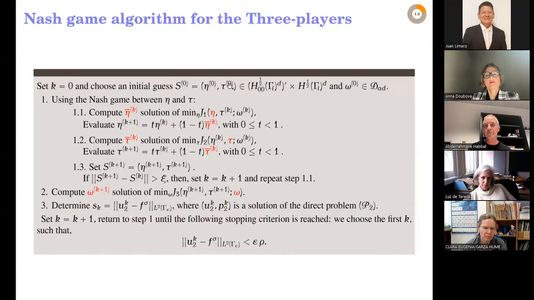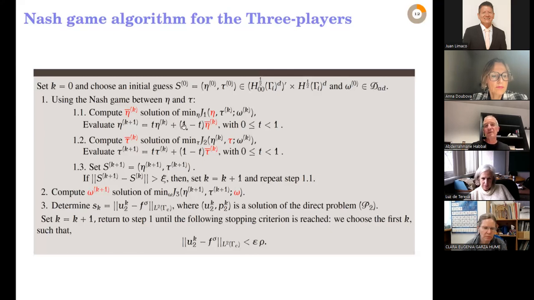We start from initial guessed data on the inaccessible boundary, so Neumann and Dirichlet data, and we start with an initial guess of the distribution of inclusions. Then we pay, and this is what I would like to underline here, we pay a lot of energy, a lot of computations to make the completion problem really converge the most we can.